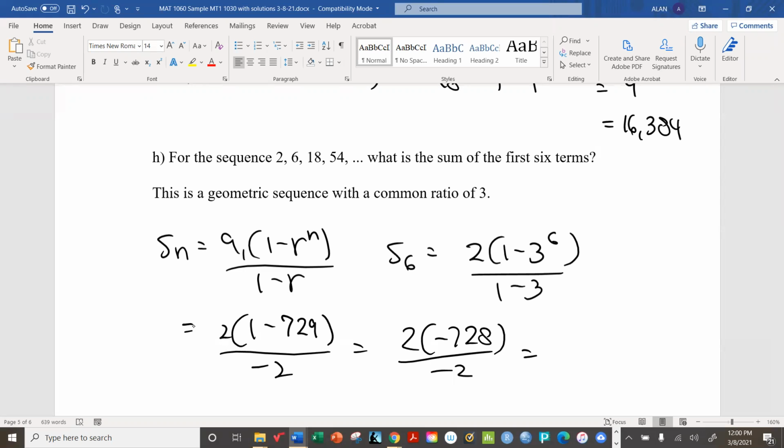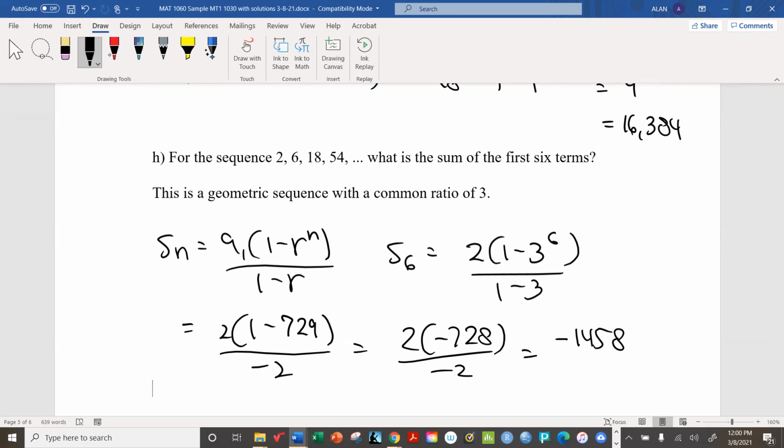So you're going to have minus 1456 over minus 2. And so this reduces to 728.